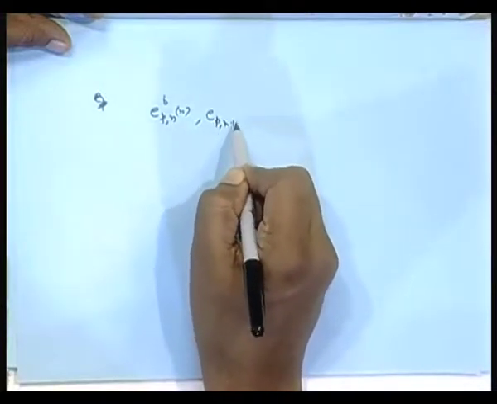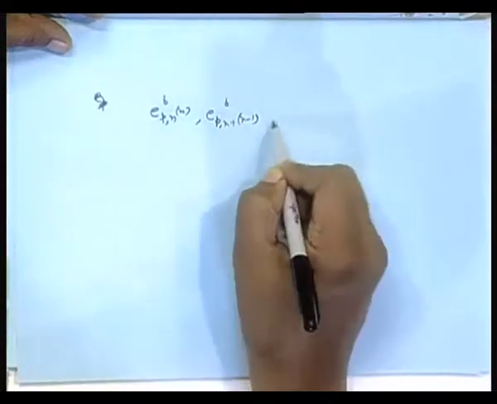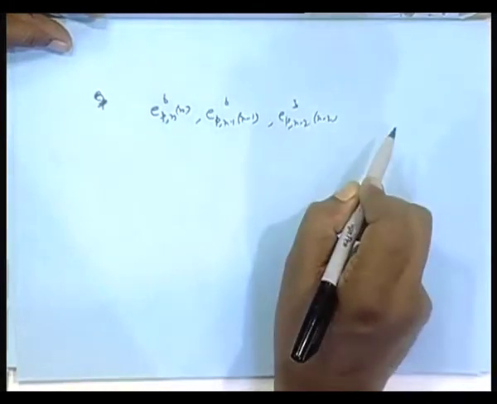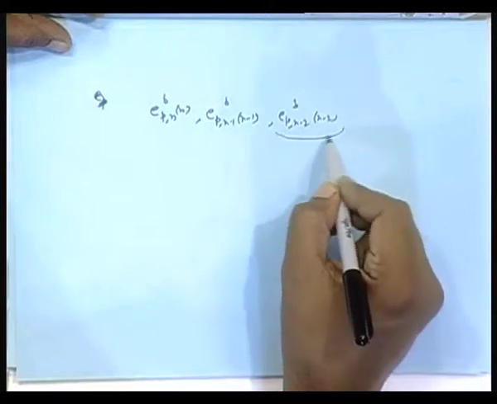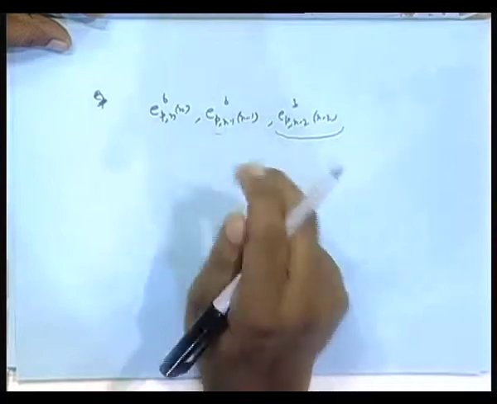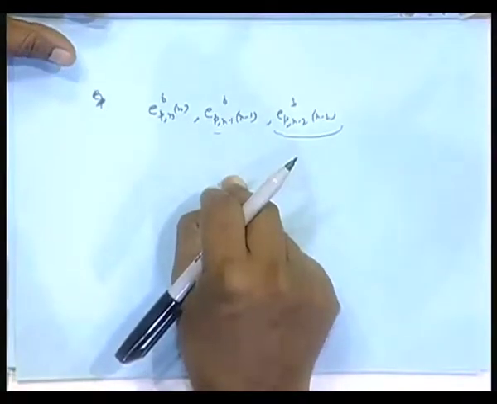Then EP,n minus 1(n minus 1), B, and EP,n minus 2(n minus 2), B. This is a sequence whose n minus 2th element is this, n minus 1th element is this, nth element is this. Good that you are trying to understand. Please understand that this is the sequence.